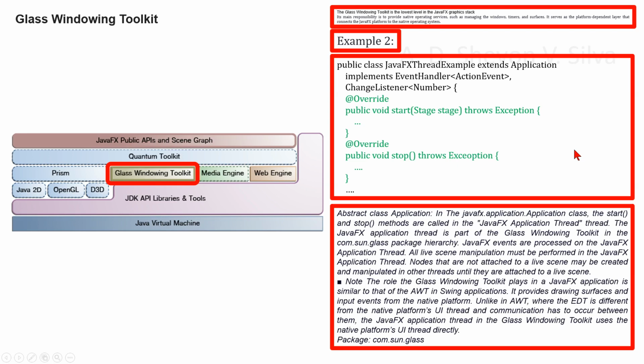Unlike in AWT, where the EDT is different from the native platform's UI thread and communication has to occur between them, the JavaFX application thread in the Glass windowing toolkit uses the native platform's UI thread directly.